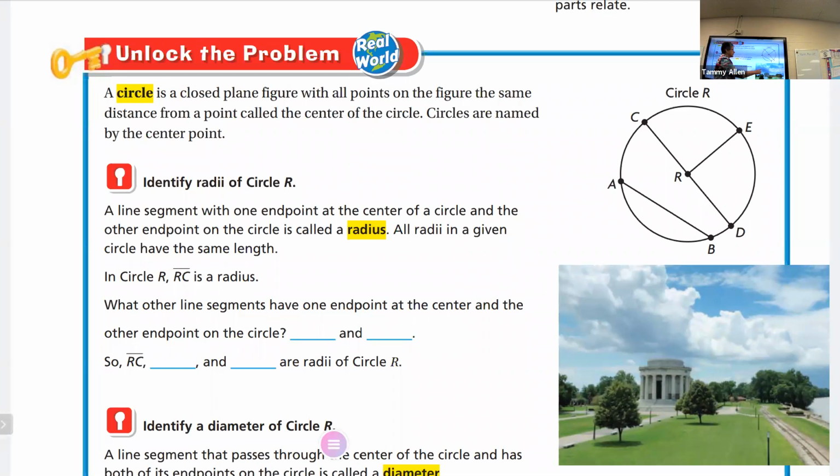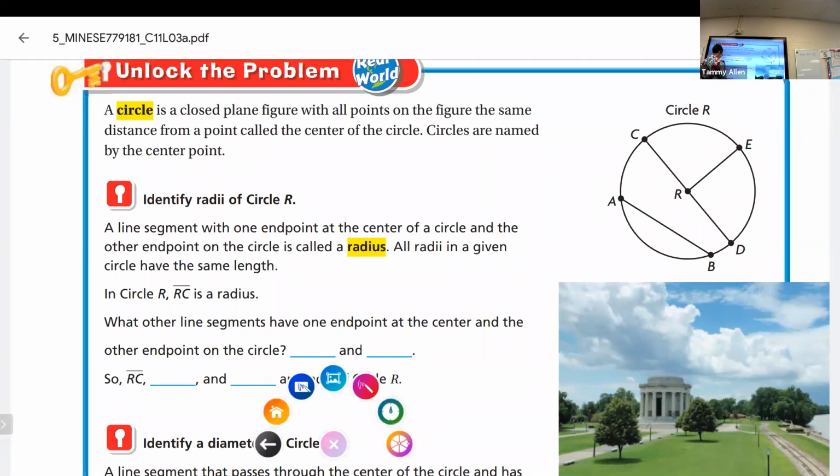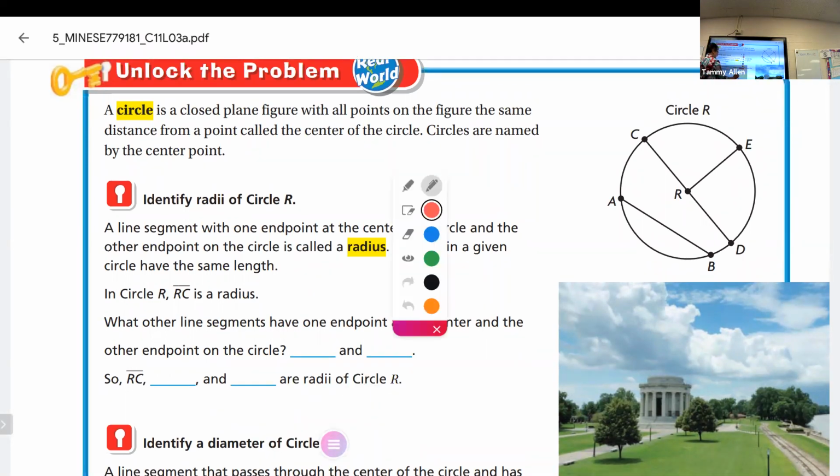So we could call this radius DR, radius ER, radius CR. A radius is those two letters. It's a segment, and we put the segment symbol above it. Does that make sense?